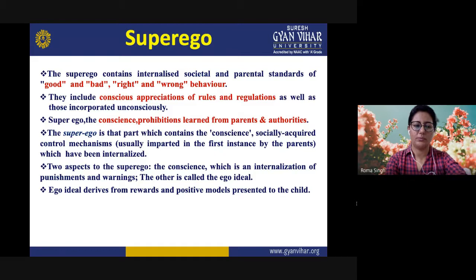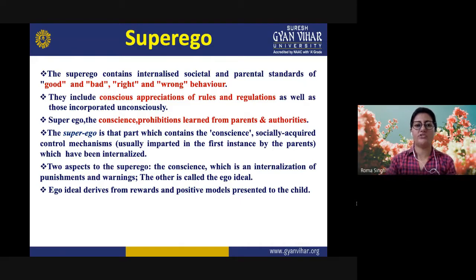Then there is superego. Now, what is superego? It contains internalized societal and parental standards of what is good, what is bad, what is right and wrong behavior. As id forces you to seek pleasure without thinking about right or wrong, ego stops you from taking any rash decision, whereas the superego will make you take socially acceptable decisions.